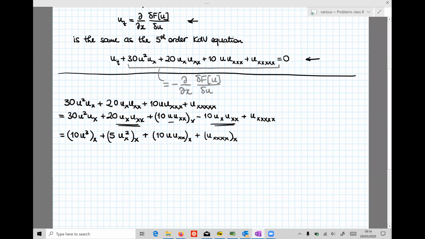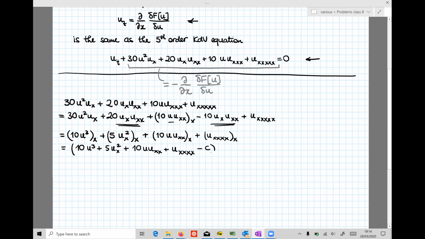So in total, we can write this down as the x derivative of 10u cubed plus 5u_x squared plus 10u u_xx plus u_xxxx, plus in principle a constant.